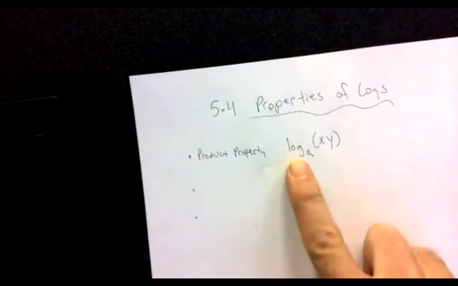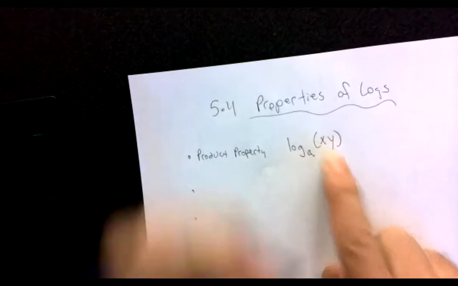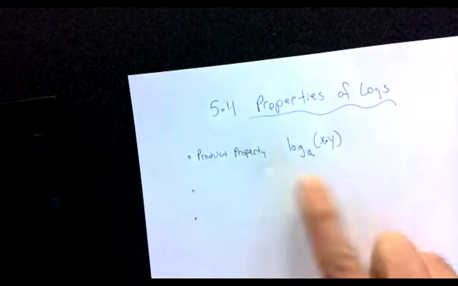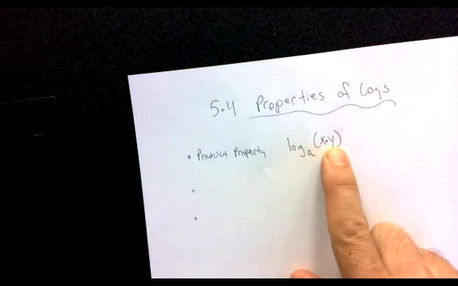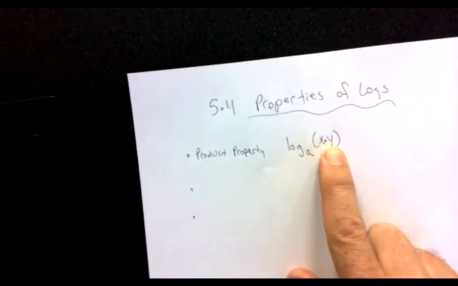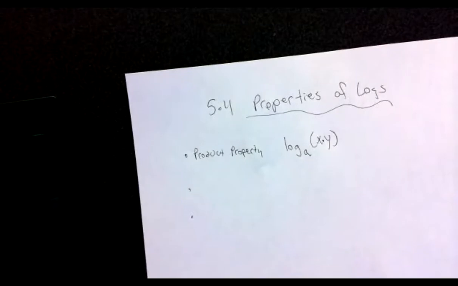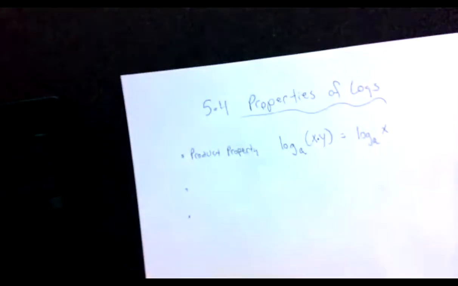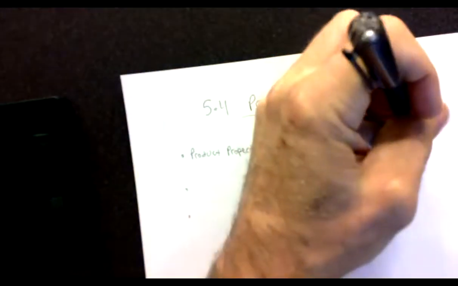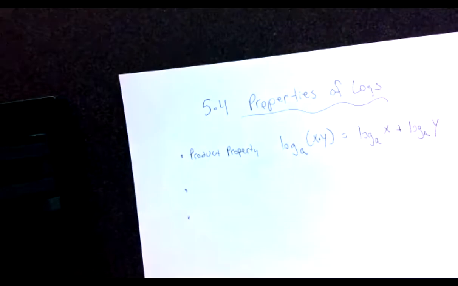so if we have a log of some products, if we're multiplying, okay, so we've got the log of one thing times something else, we can expand that to the log of the first thing plus the log of the second.